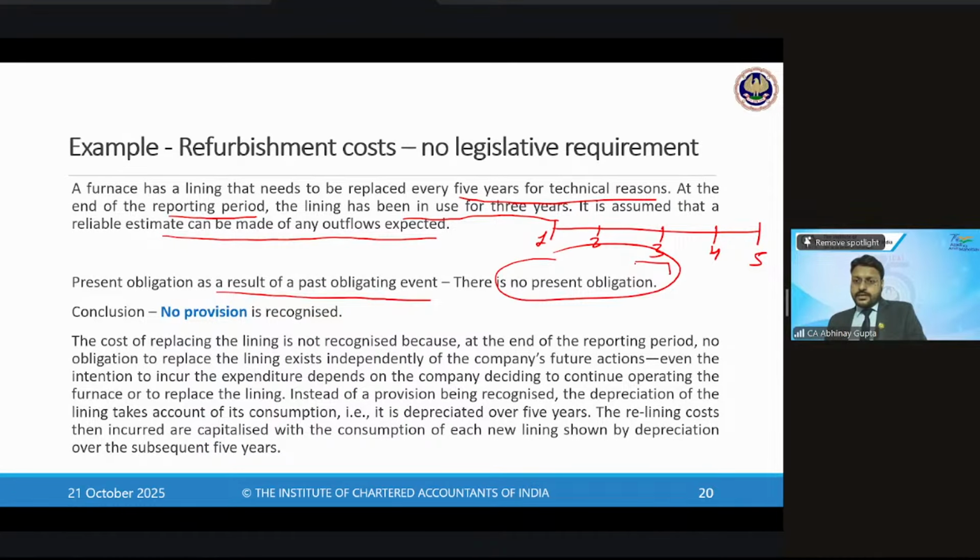So we are sitting here. At the end of year 3, the company is planning to record a provision because they are expecting some outflow anytime in the next 2 years, for this furnace getting replaced. Now, what do you think? Is a provision required or not at the end of the third year?